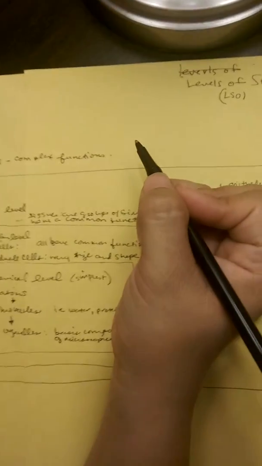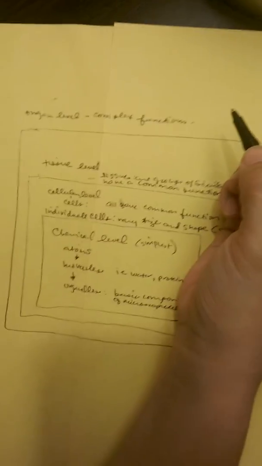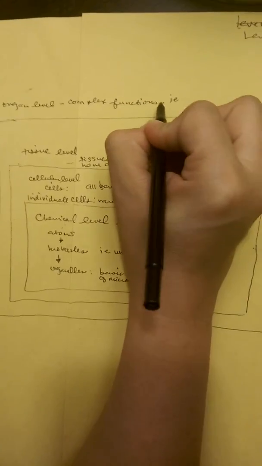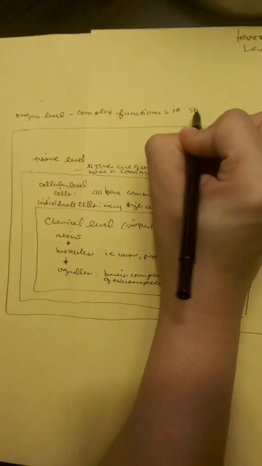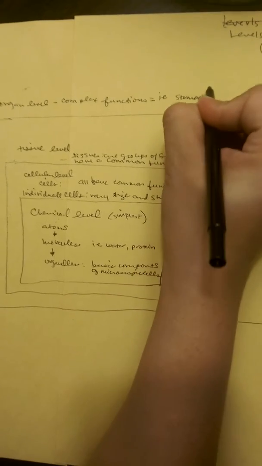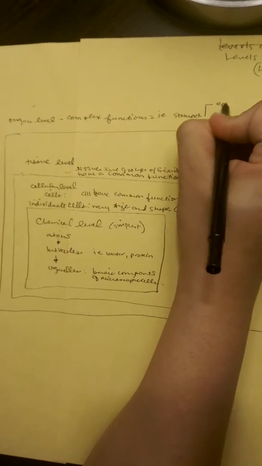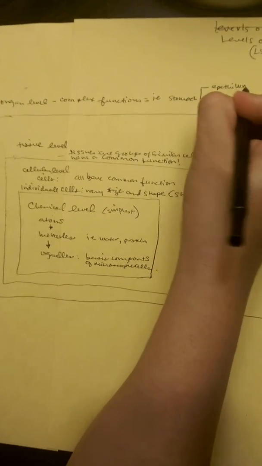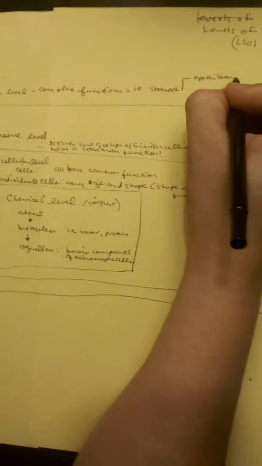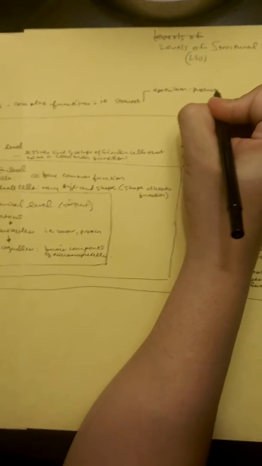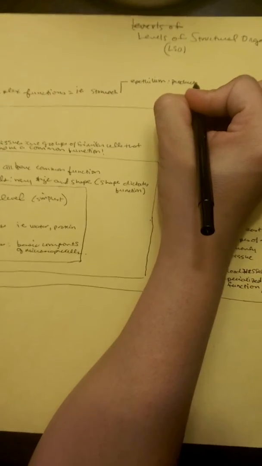For example, your stomach. So your stomach has epithelium, okay, that's a type of tissue, and so the epithelium produces digestive juices.